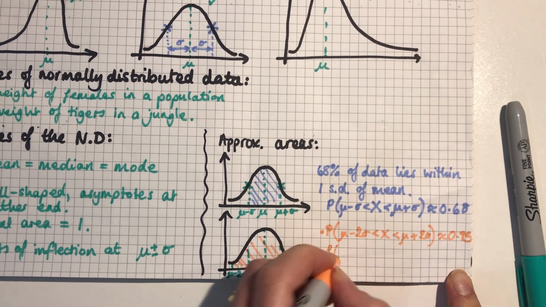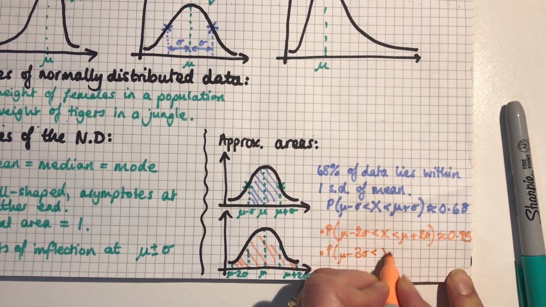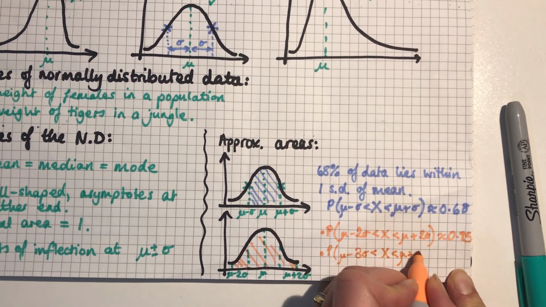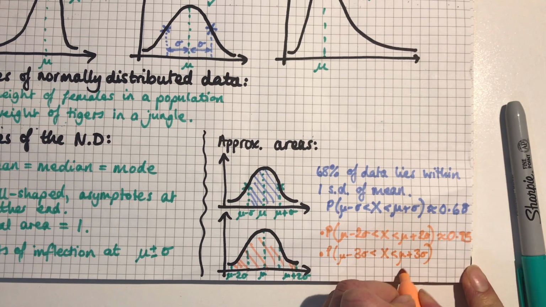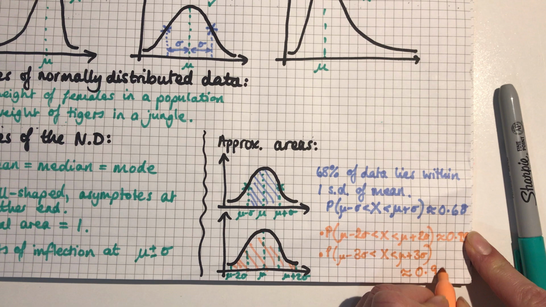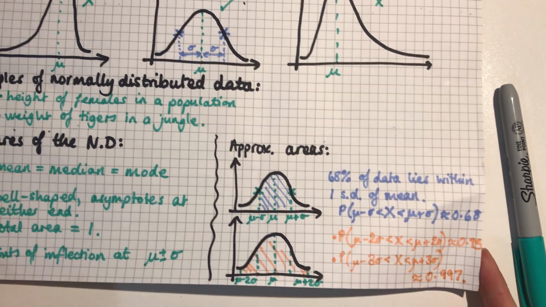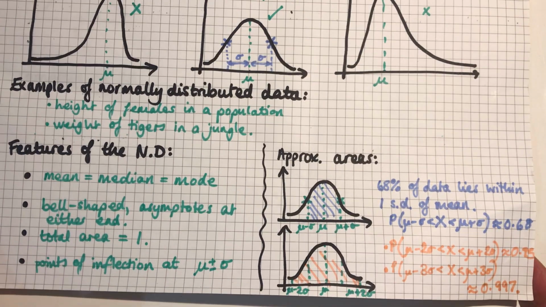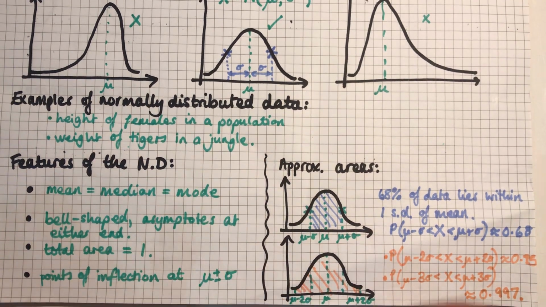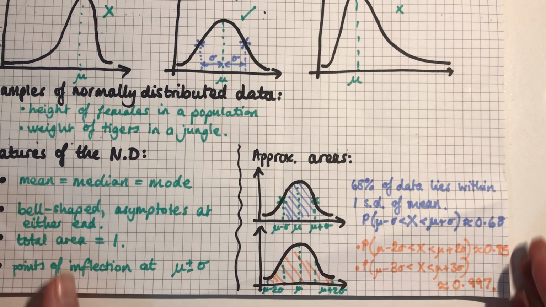So the probability that x is between mu minus 3 sigma and mu plus 3 sigma is about 99.7%, so 0.997. So that's some really useful bits of information that you need to know. These are all on pages 38 and 39 of your textbook. And make sure that you learn these features and you learn these values as well, please.